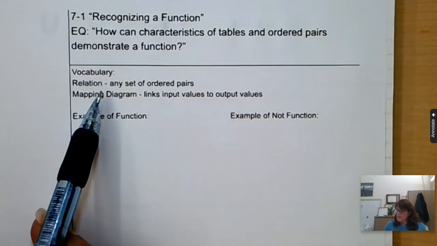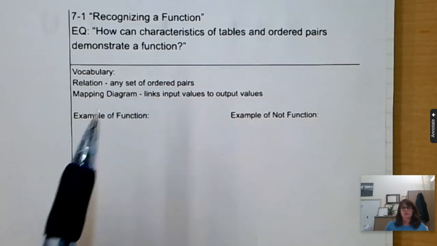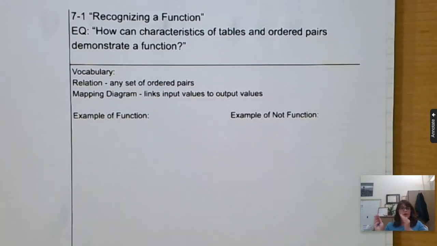Now, a relation is any set of ordered pairs. So coordinate pairs that we've done, that's a relation. A mapping diagram, which I'm about to show you an example of, links input values to output values. Now let's think about the idea of input and output. If I put cake mix that I mixed up into my oven for the correct amount of time, when I pull it out, I have a cake that can be cut and eaten.